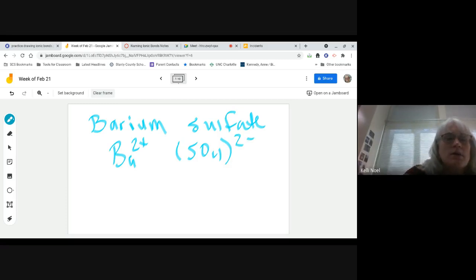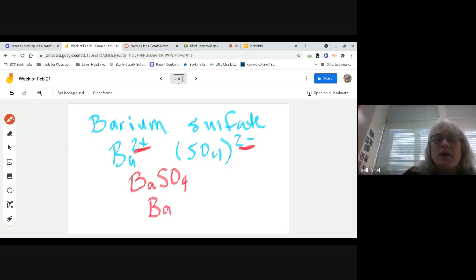What do I notice here? I notice that I have a 2 plus and a 2 minus. Look at that, 2 plus and a 2 minus. If my 2's match, I can just go down and write Ba SO4. I don't have to have my parentheses now. If you leave the parentheses, I'll let that slide, but you don't have to have the parentheses. This is what it should be.